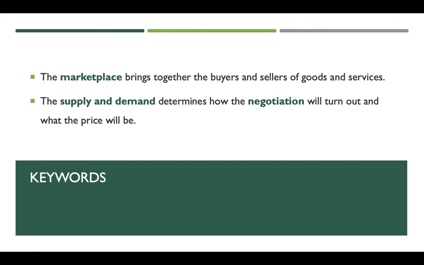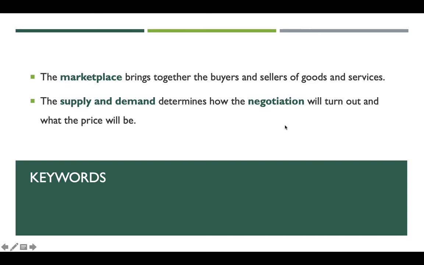So the supply and demand as a whole will decide how much a product costs. Usually, if something is in high demand and we do not have enough supply, then the price will be expensive. Okay? And I believe you all learned the supply and demand graph in senior high school.